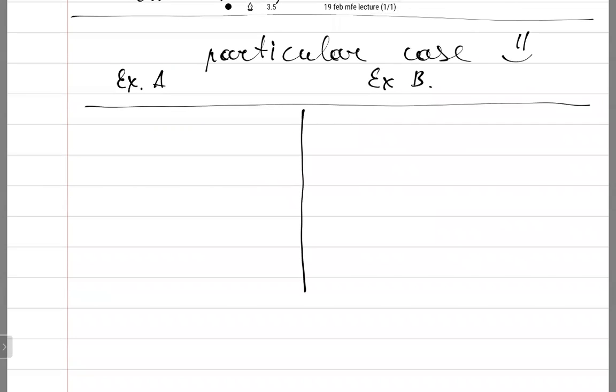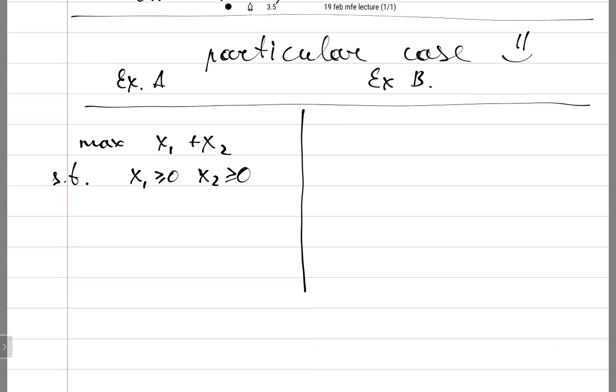The first problem will be to maximize x1 plus x2 subject to non-negativity constraints: x1 is greater than or equal to 0, x2 is greater than or equal to 0, and some inequality constraints that will also be linear.